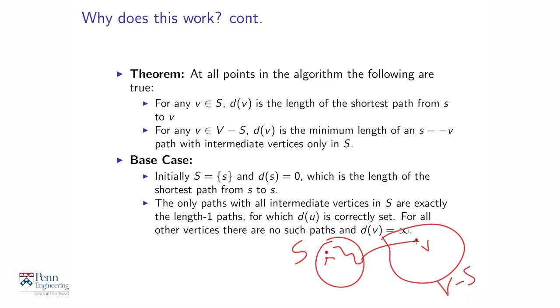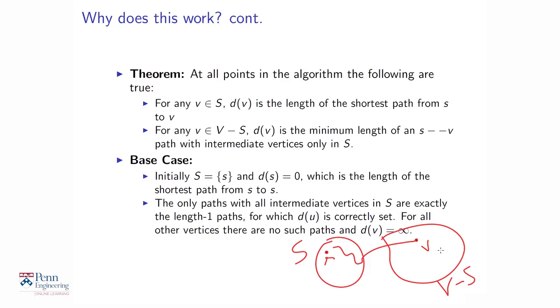So that's what's embodied in the second invariant. For any vertex v in V minus S, d of v is the minimum length of an S to v path with intermediate vertices only in capital S. Meaning you're not allowed to wander around on the V minus S side. You can only wander around on the S side.